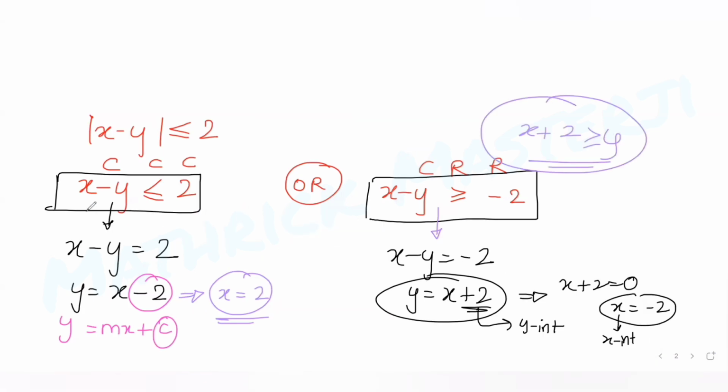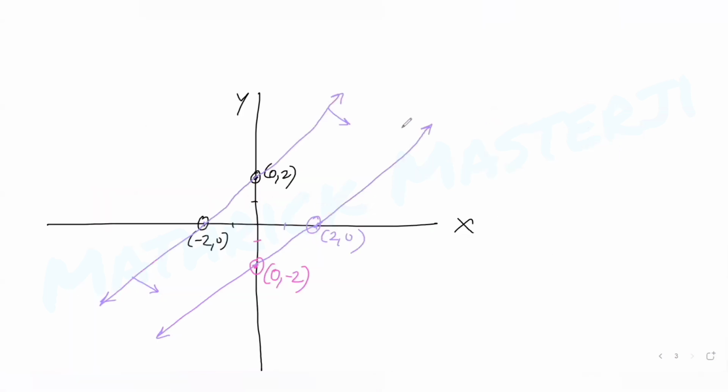Here, writing in terms of y again, taking y on the other side in this inequality, y is greater than or equal to x minus 2. When y is greater than, it is above the line. So with these two lines, I know my common region is basically the entire region present between the two lines. So that's my common region.